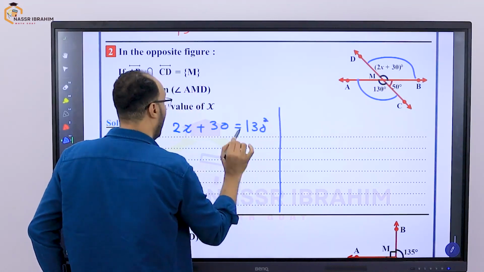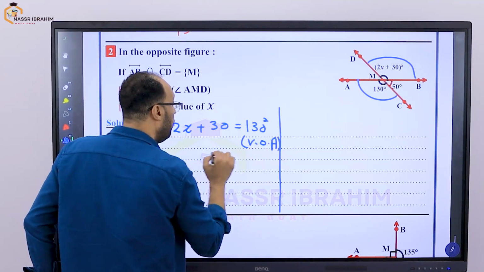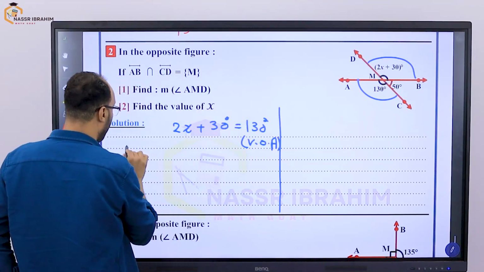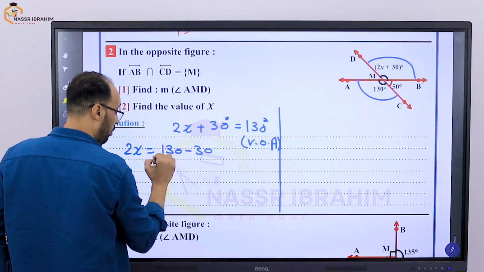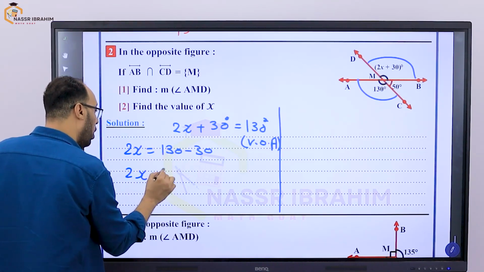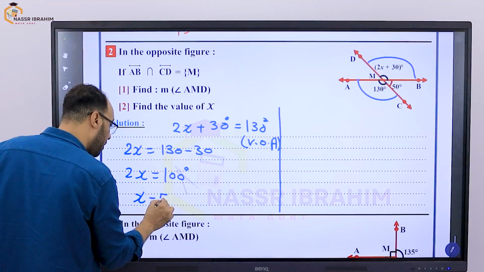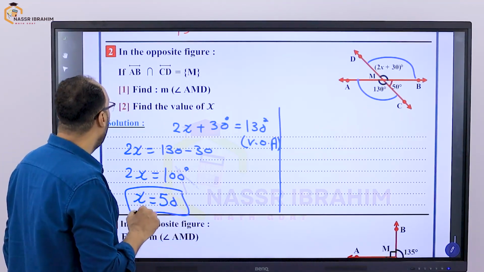And then we will write the reason, V.O.A. You will move 30 degrees to the other side. It will be 2x equals 130 minus 30. 2x equals 100 degrees. We will divide it by 2, so x will be 50 degrees. Okay, this is the first one.